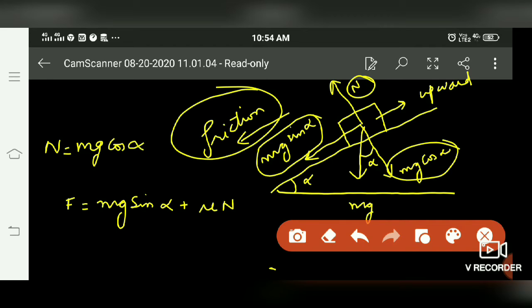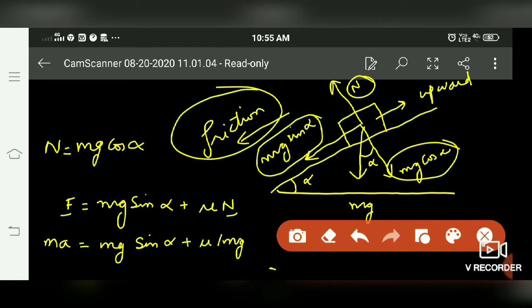So by substituting the value here, force, which is ma, equals mg sin alpha plus mu times mg cos alpha. So mg is common from both.